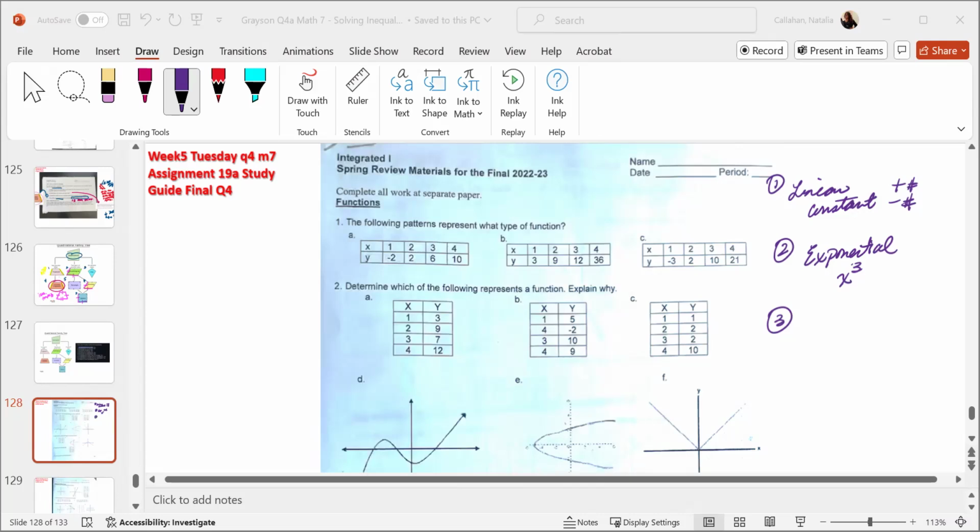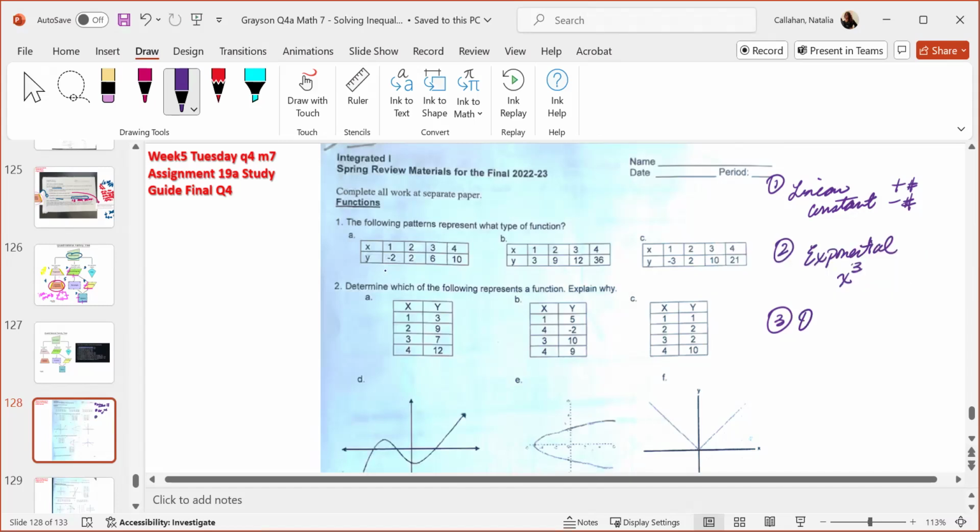Linear, exponential, quadratic, that's right, quadratic. I remember now. The first one is not constant, and it's even or odd, remember?